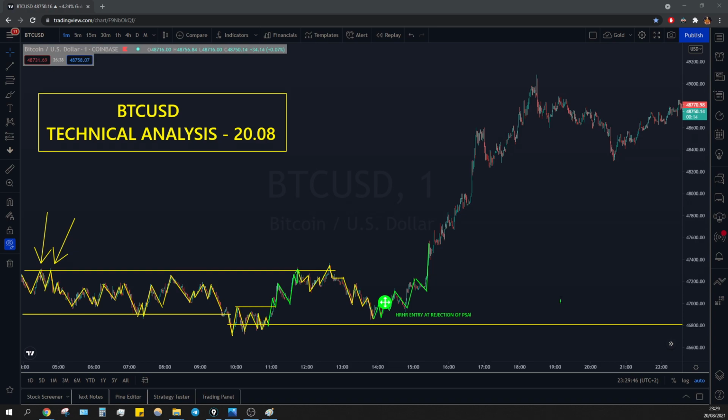PSA slash previous lows, if you want to just consider the previous lows and not the price sensitivity area. This was rejection of PSA.